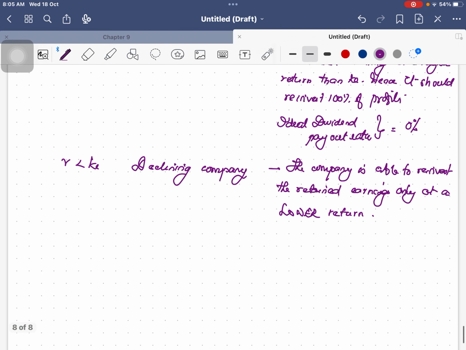Hence, should it reinvest anything? No. If you are able to reinvest the amount and generate a return which is even less than your KE, then why should you reinvest? You pay the entire amount as dividend. Hence the ideal dividend payout is equal to 100%.